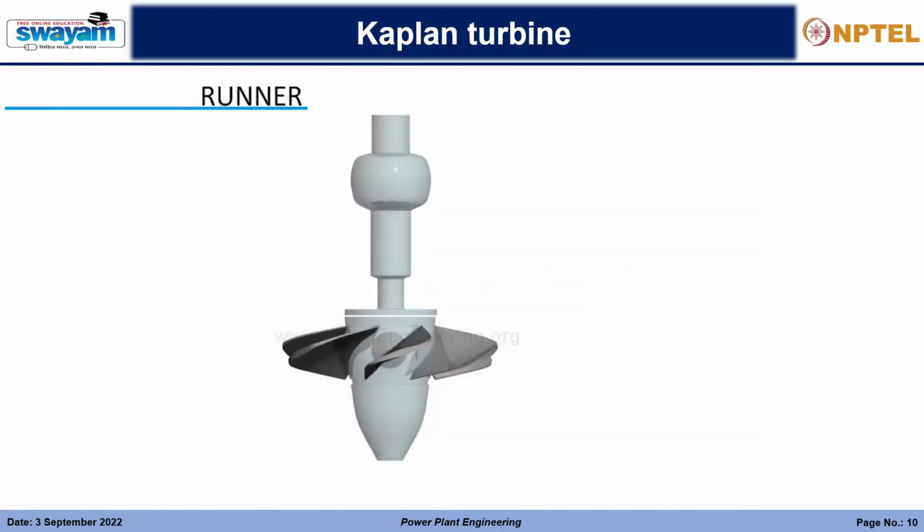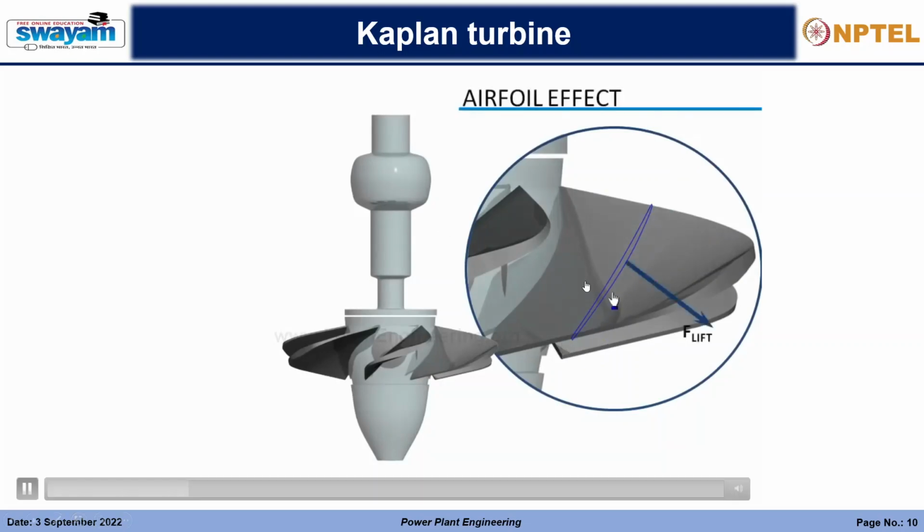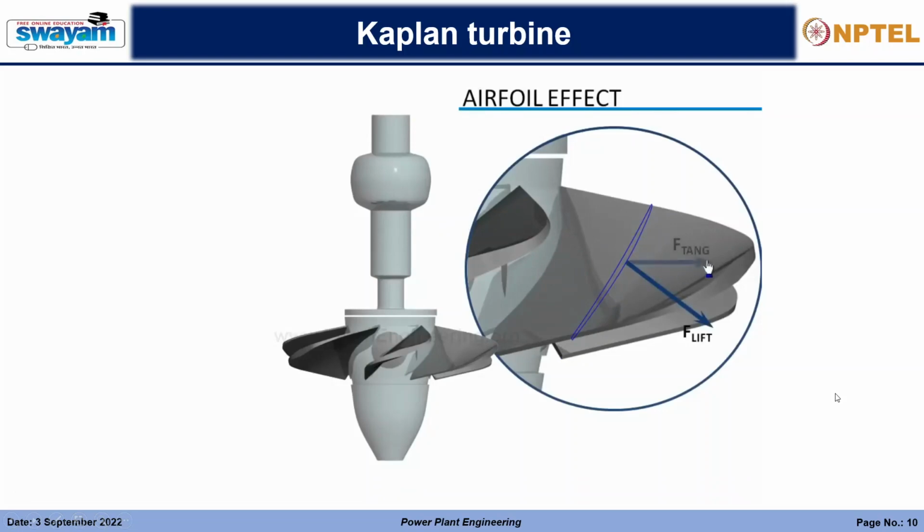The most important part of a Kaplan turbine is its runner. The cross-section of the runner blade has a curved shape. When water flows over it, it induces a lift force due to the airfoil effect. The tangential component of the lift force makes the runner rotate.